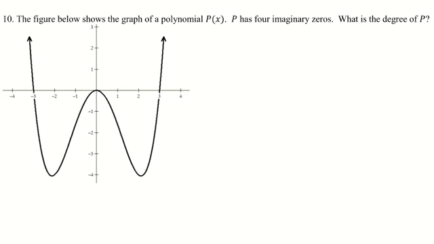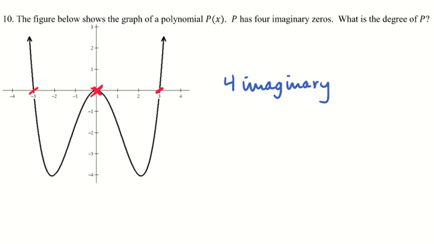Okay, so I've got 4 imaginary, and then as far as real roots, I've got 1, 2, 3. But the thing is, this is a bounce, which means it's a double root at least. Just for simplicity, we're going to assume it's a double root, not a quadruple root or a root with really high multiplicity.